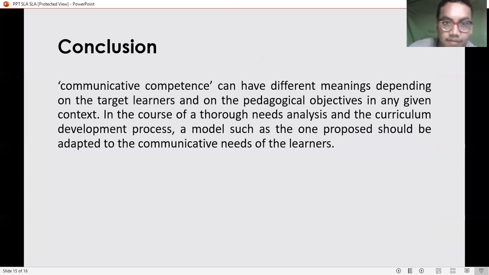So the conclusion is communicative competence. You can read by yourself that communicative competence can have different meanings, depending on the target learners and on the pedagogical objectives in any given context. In the course of a thorough needs analysis and the curriculum development process, a model such as the one proposed should be adapted to the communicative needs of the learners.